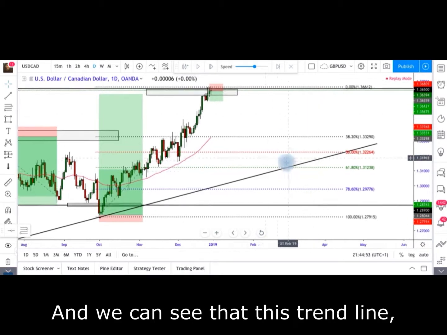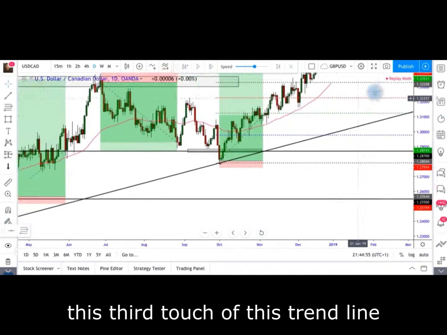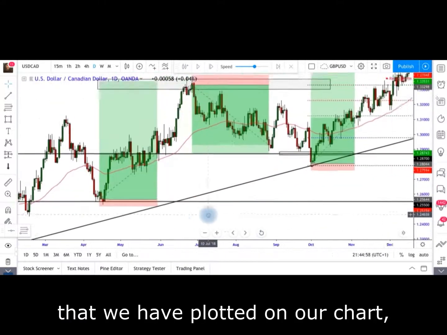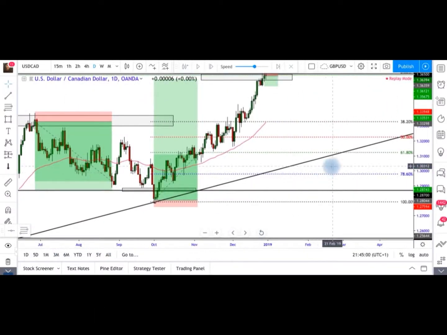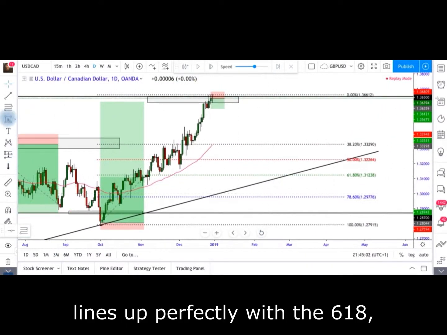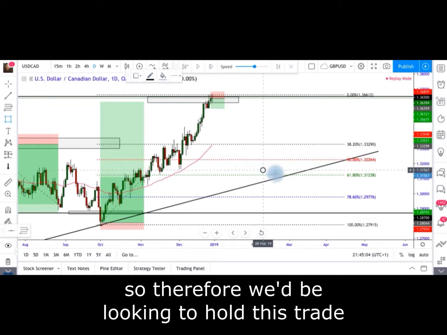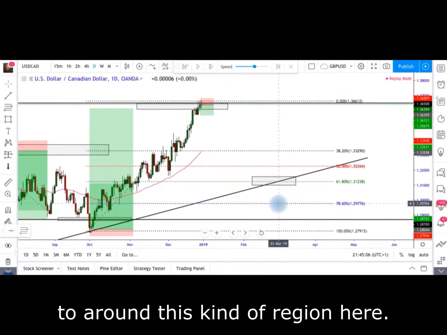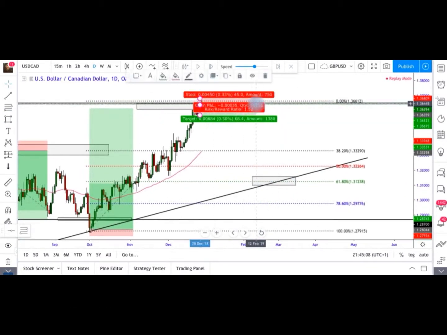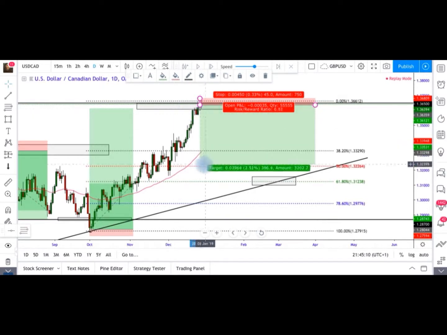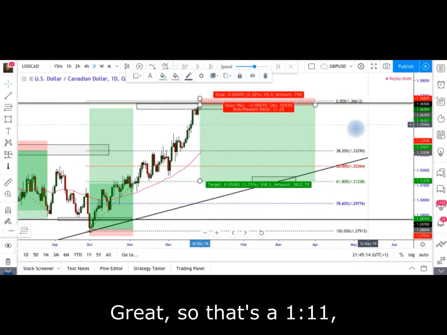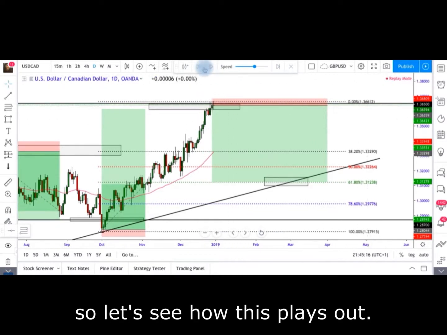And we can see that this third touch of this trend line that we have plotted on our chart lines up perfectly with the 618. So therefore, we'd be looking to hold this trade to around this kind of region here. Great, so that's a 1 to 11. So let's see how this plays out.